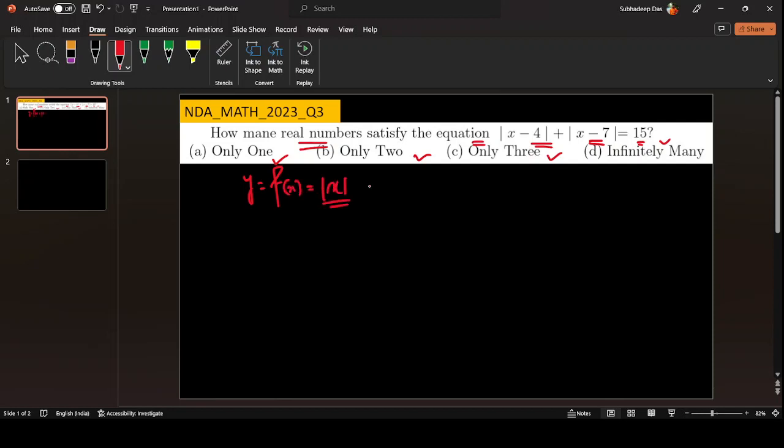For this we have to know the modulus function. What is the modulus function? As we know, if we give any positive number as an input, it gives us the same number, and if we give a negative number as an input, it gives us the positive value. But we also have to know the definition.